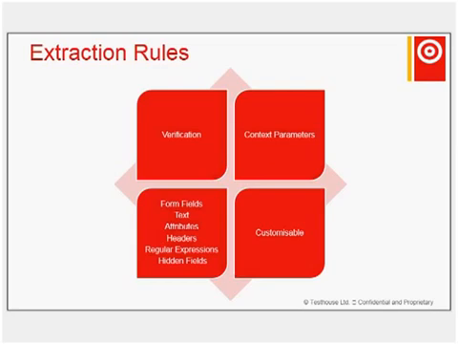You can search for form fields, you can search for just plain text, you can get attributes, you can also get inner text from HTML, you can get the headers from your requests, you can use regular expressions, you can also use regular expressions on your text, and obviously you can get your hidden fields. Also, these are customizable, so you can create your own extraction rules if you so wish.